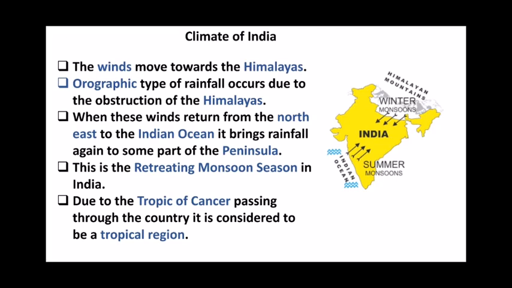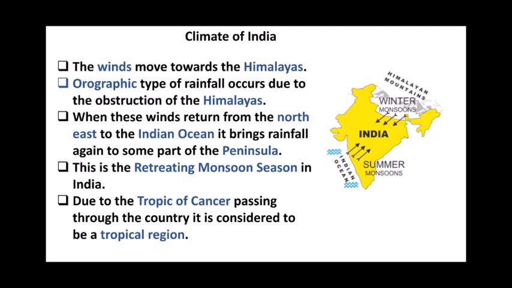These winds return, they come back from the Himalayan ranges because again the Himalayas are an obstruction to the wind, and they are retreating. That is the withdrawal of the monsoon in India, their journey of retreating starts. While blowing from the northeast, that is towards the Indian Ocean, that is south, these winds bring rainfall again to some parts of the peninsula.